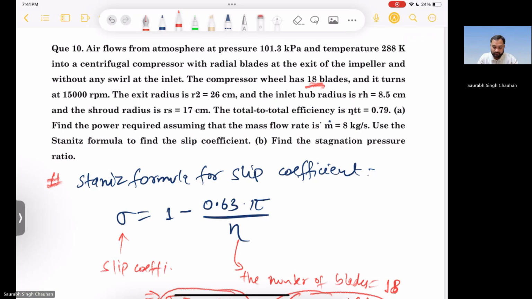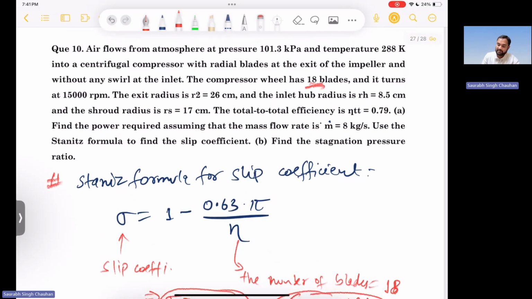Other things are also given. The mass flow rate is given.